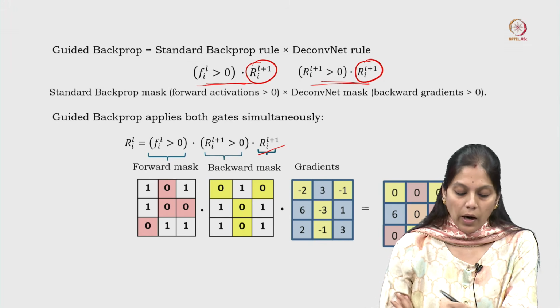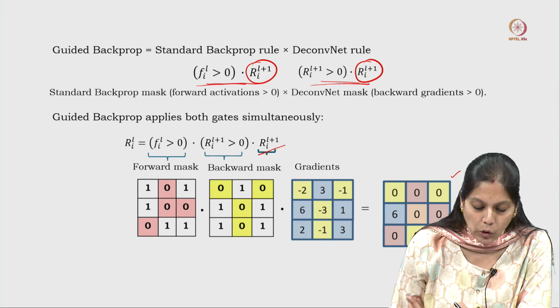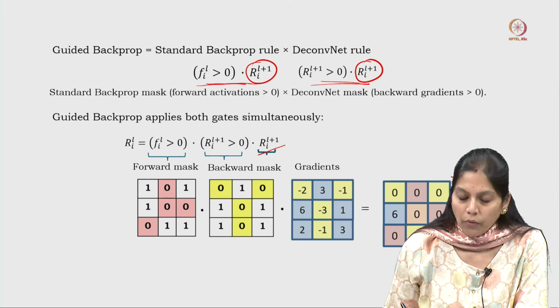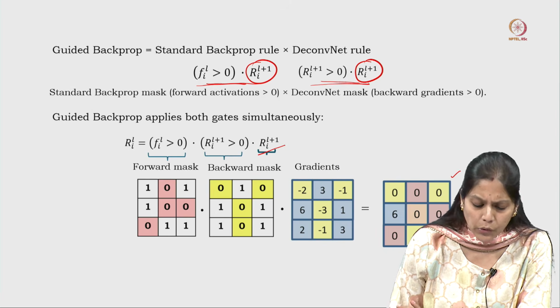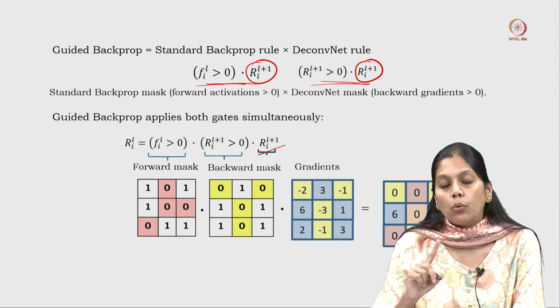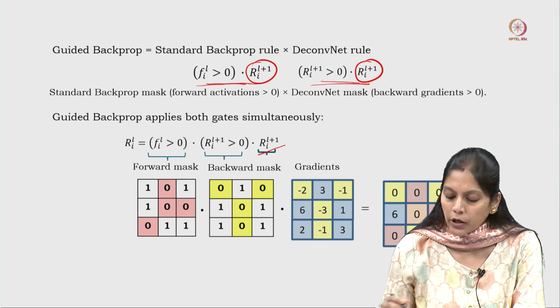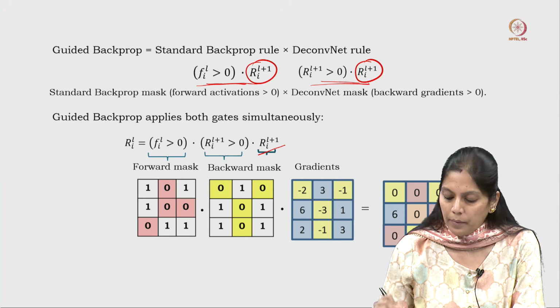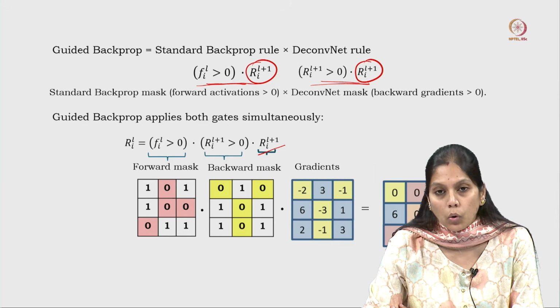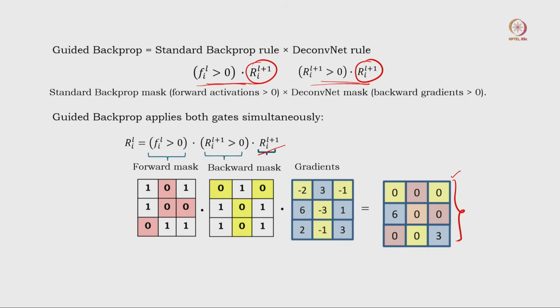How are we obtaining it? 1 into 0 into minus 2, we have obtained 0. Whatever matrix we have obtained here, we call it a guided gradient map.